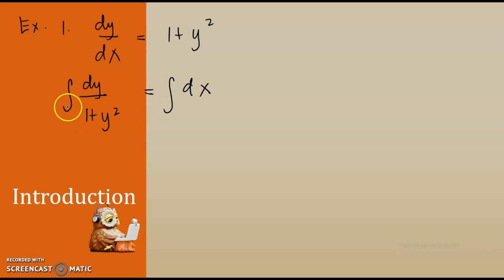Then, if we're going to integrate dy over 1 plus y squared, remember the formula: du over a squared plus u squared. This one is equal to arctan u.